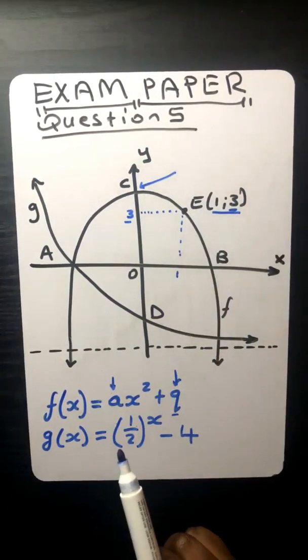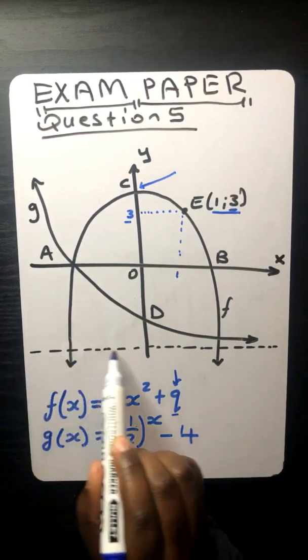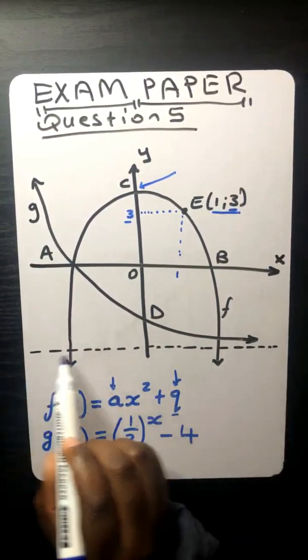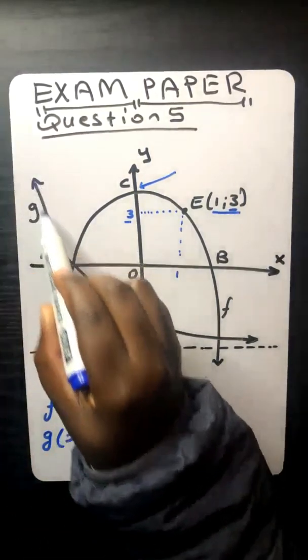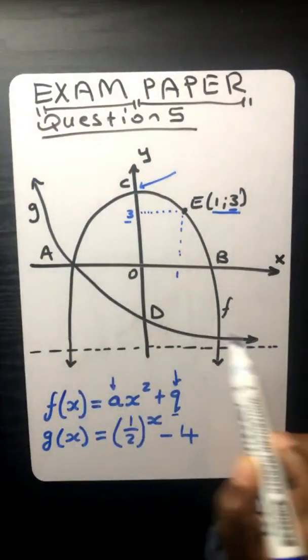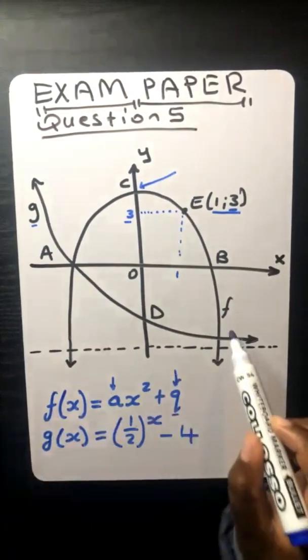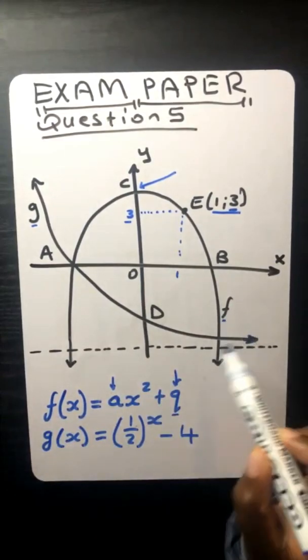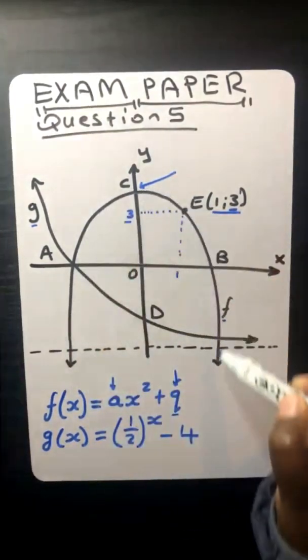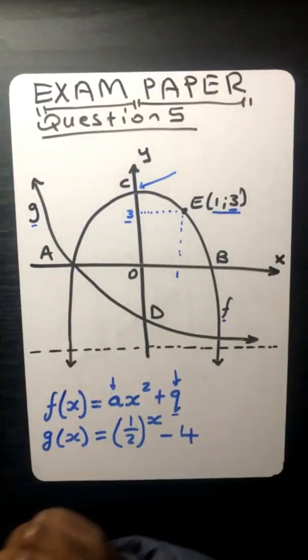The other thing that I want us to talk about, ladies and gentlemen, is that asymptote over there. This asymptote is for that exponential function, which is the graph of g, or they call it George. So every time we talk about f, we are referring to that function. Very, very important, ladies and gentlemen.